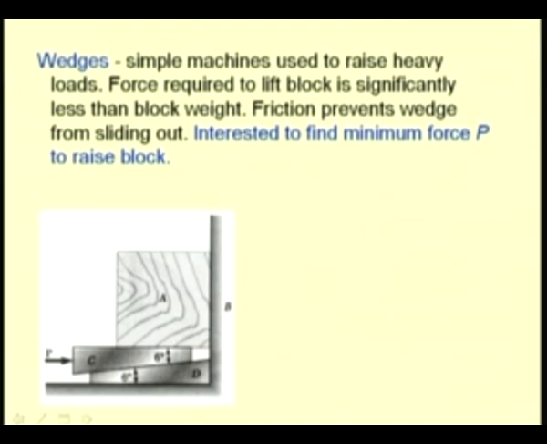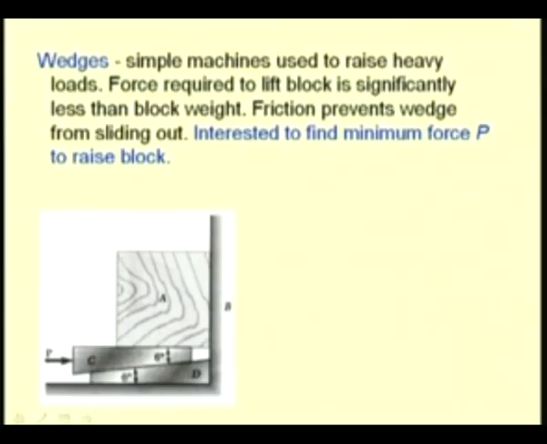A typical problem could be that we are interested to find the force P that a human has to apply in order to keep this block in this position or to raise this block. So, in order to analyze this problem, we have to consider the free body diagrams of the individual blocks and wedges and represent the frictional forces in proper sense.